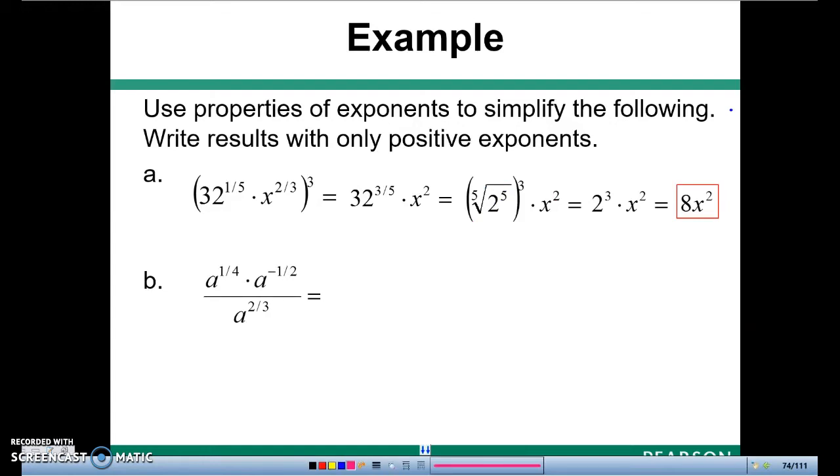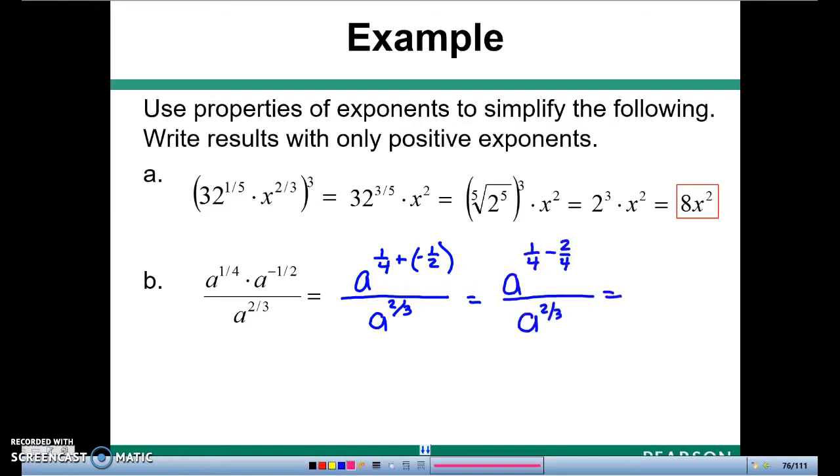Look at B. I think I'm going to simplify the numerator first. Since the bases are the same, I can add the exponents. Since the fractions that I'm trying to add here don't have common denominators, I'm going to create common denominators, and now I can subtract.